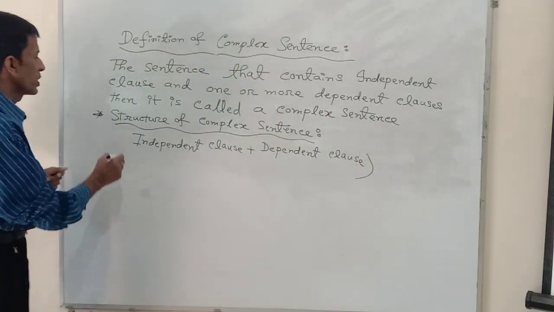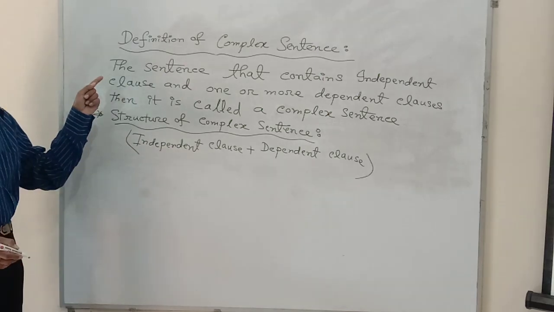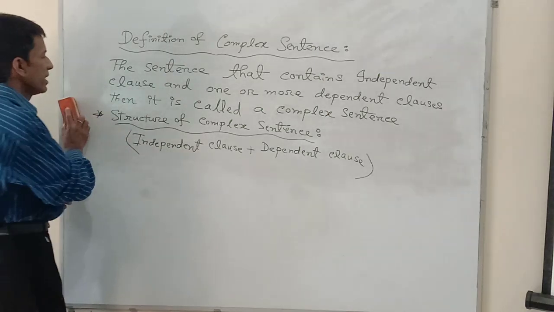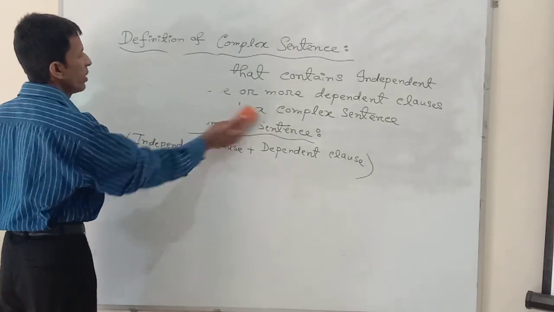This is the structure of a complex sentence. So, the example of a complex sentence can be written in this way that I am going to write on this whiteboard.